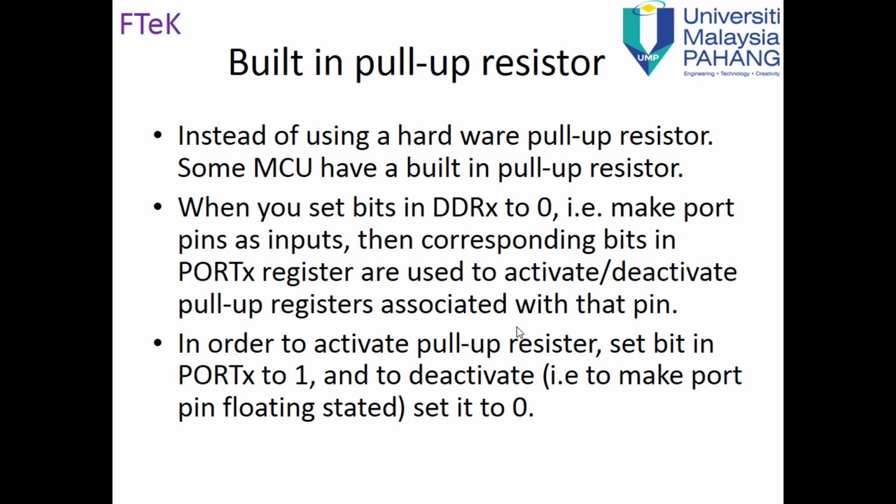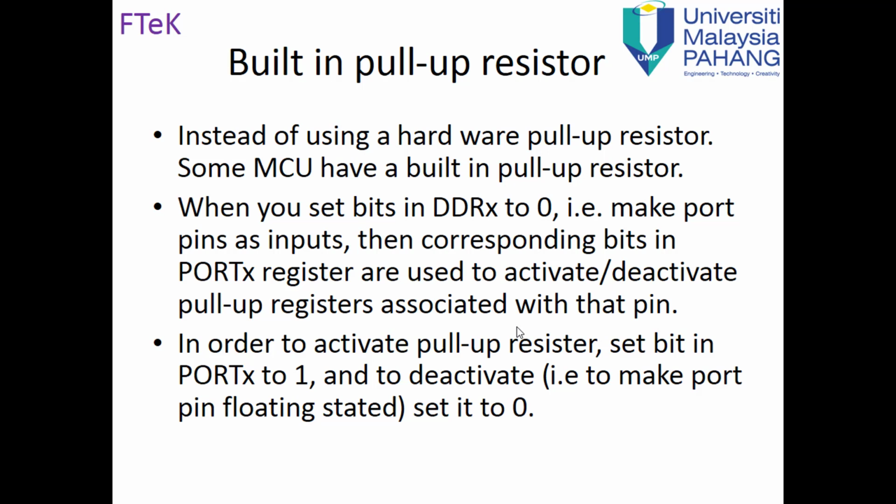Actually, there is no need to always build this circuit. There are what are called built-in pull up resistors. So instead of using a hardware pull up or pull down resistor, some microcontrollers have built-in pull up resistors. When we set the DDR of any port A, B, C or D to 0, we make the port pins inputs.